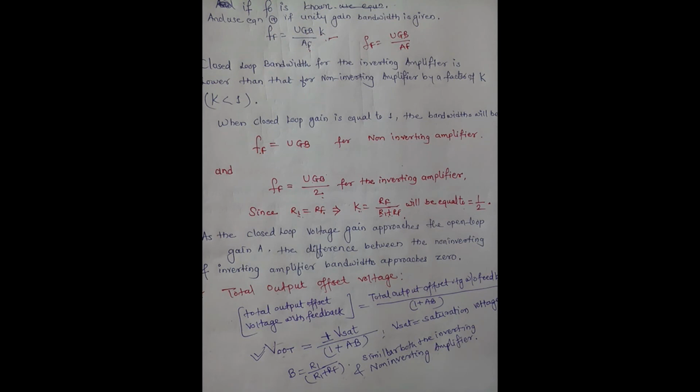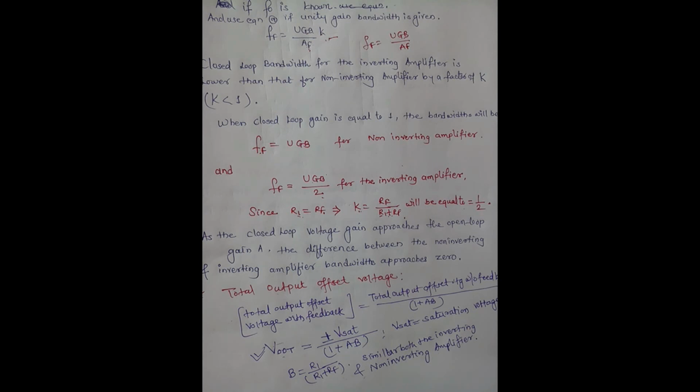That is, it is reduced by a factor of 1 by 1 plus AB. Similarly, the output offset voltage will be reduced by 1 by 1 plus AB times the output offset voltage without feedback. And this is similar for both configurations of the operational amplifier, that is the inverting configuration as well as the non-inverting configuration.